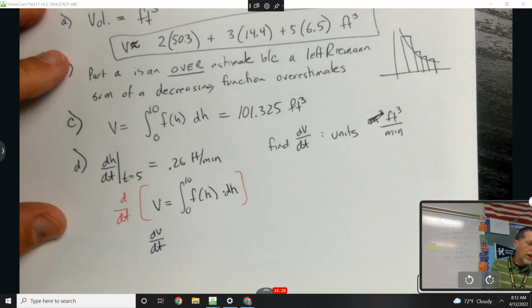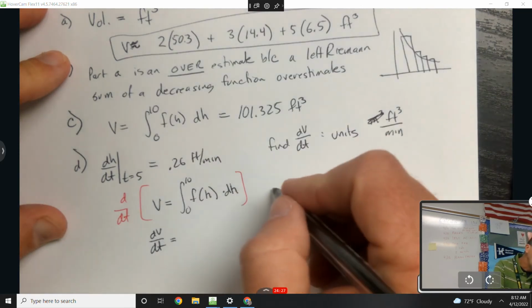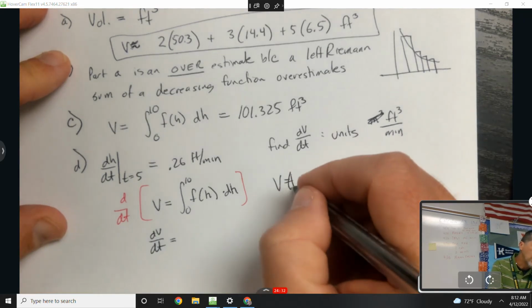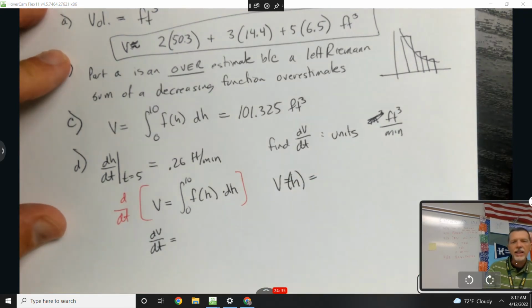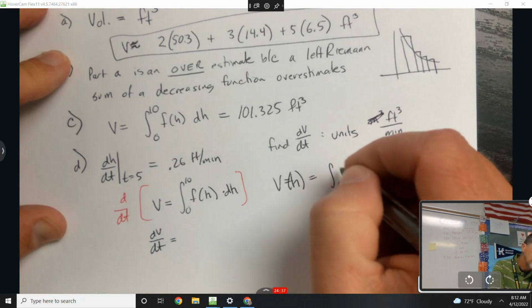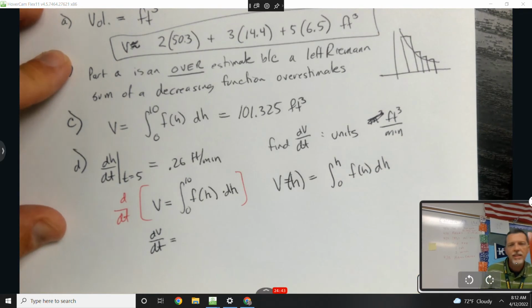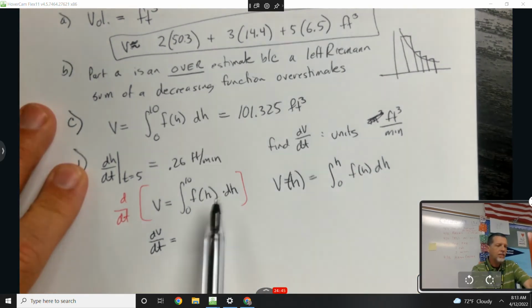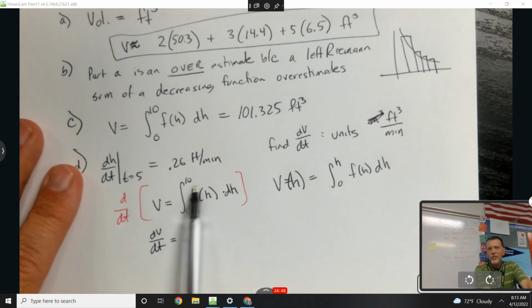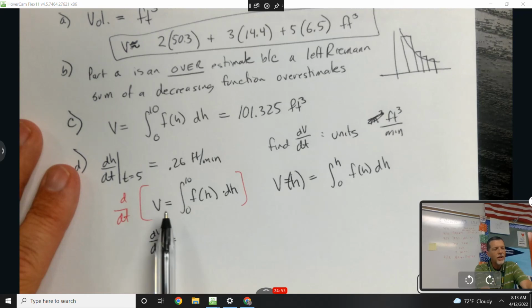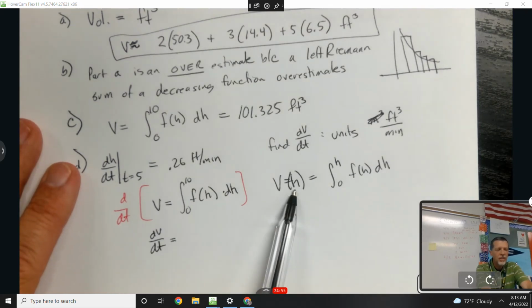I wonder if that is right though. You know what? That's not quite right. That's the total volume of the total thing. I want the volume as a function of height. So I'm going to go up to h. Because that's a constant number, this first one I wrote, and if I take a derivative of a constant number, I'm just going to get 0. So I need to know how the volume is changing with respect to height.